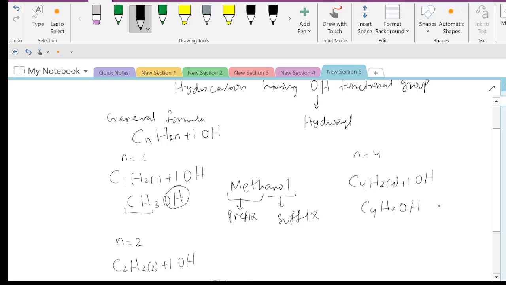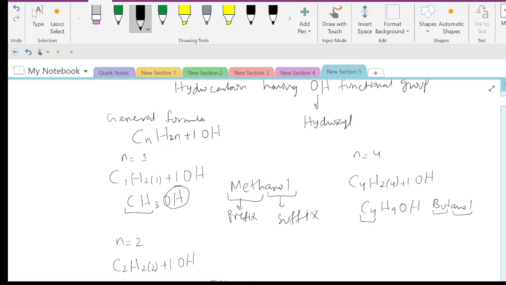So that is butanol, because four carbons are present and it ends with enol because of the hydroxyl. So keep that in mind: if any hydrocarbon consists of one carbon, it starts with meth. For two carbons, eth. For three, prop. For four carbons, it is but. Right?